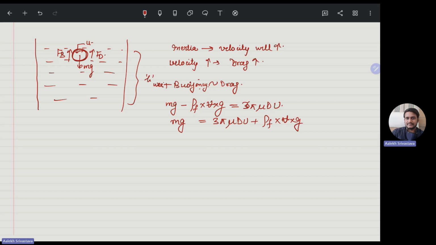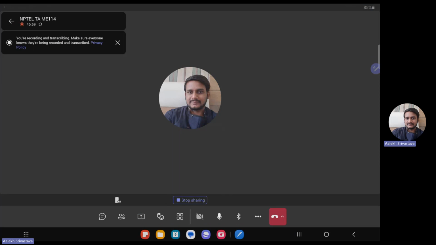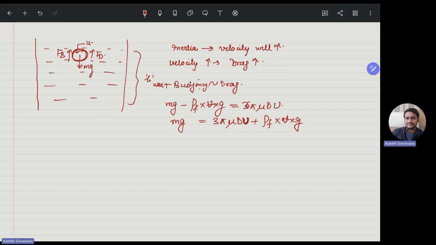If you solve this, you will get a velocity, and that velocity will give us the terminal velocity, because the forces are balanced.